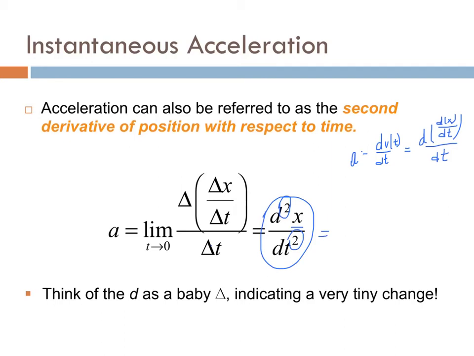Meaning if we have a function of position, then we take the derivative, we have velocity. If we take another derivative, then we have acceleration. Don't worry, we'll definitely take some more time in class to get a hang of these types of derivatives. But right now, we want to redirect our attention to other information that we can get from graphs.